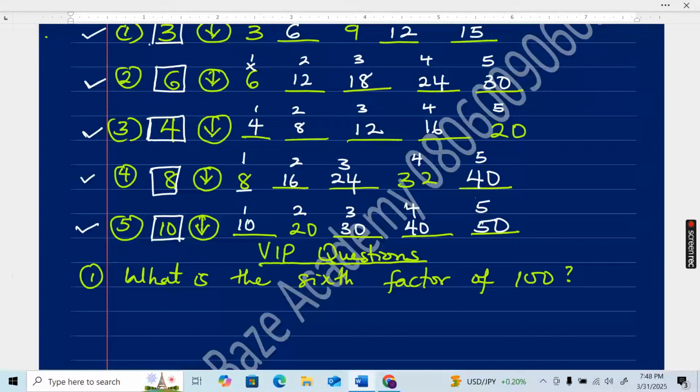What is the sixth factor of 100 starting from 1?